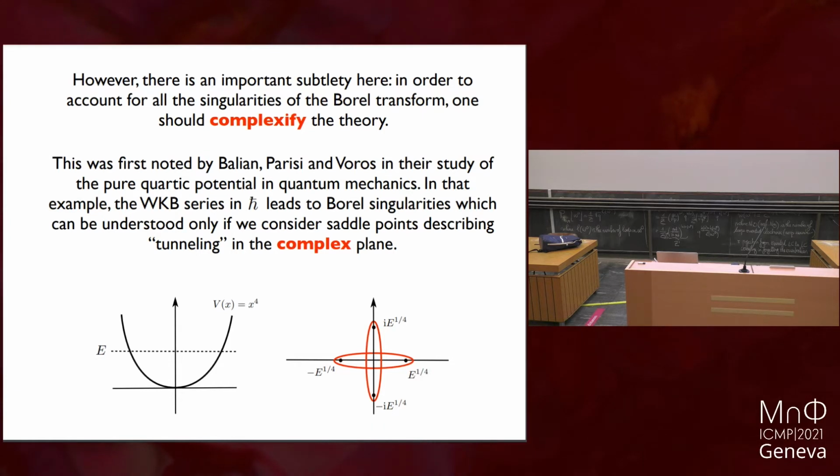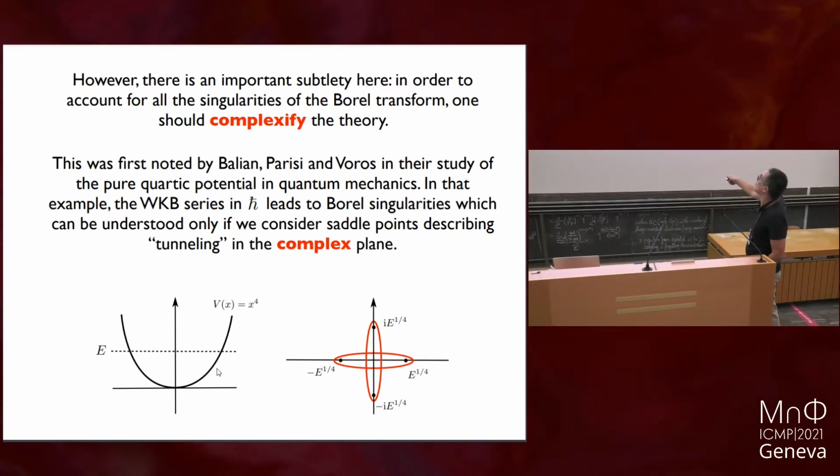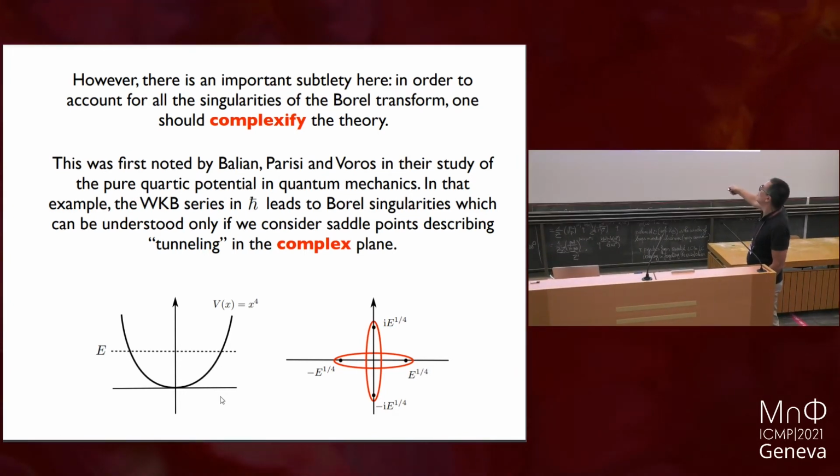So what Balian, Parisi, and Bourget did was to study a potential in quantum mechanics, which was just the pure quartic potential. Okay? So you look at the pure quartic potential, classically what you have for a given energy is a particle which oscillates between these 2 points.